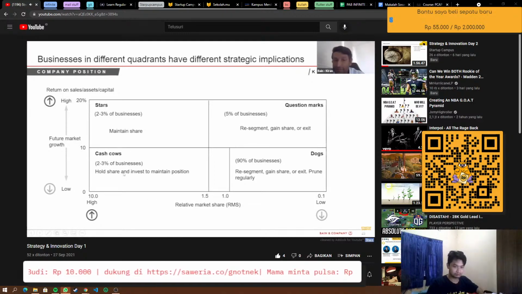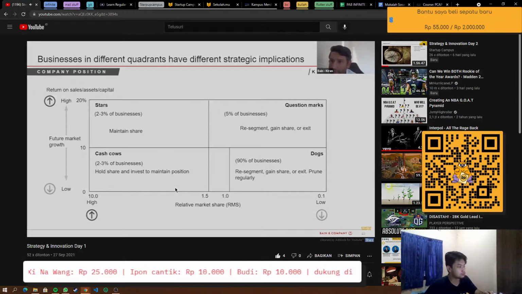You want to maintain position and hold the share, but you know that there's not a lot of future growth in these businesses. So you want to build the stars or invest in question marks. Question marks typically account for about 5% of the businesses, and they are businesses where there's a significant potential for growth, but the relative market share is very low.